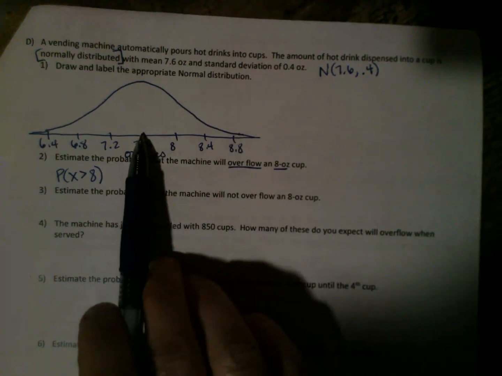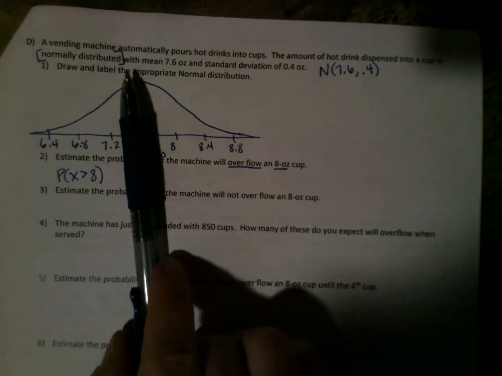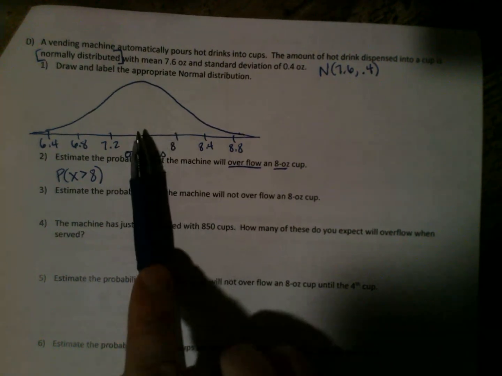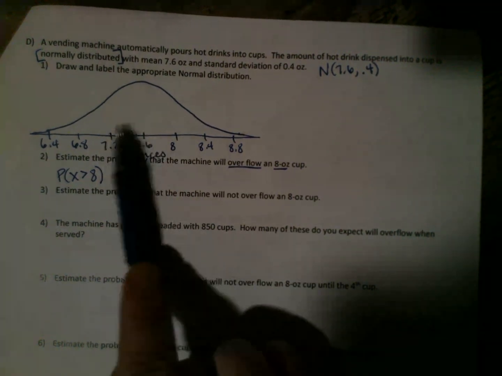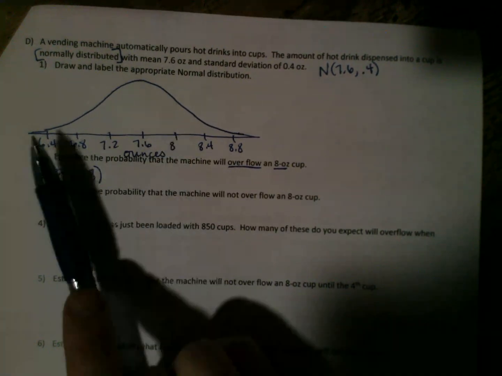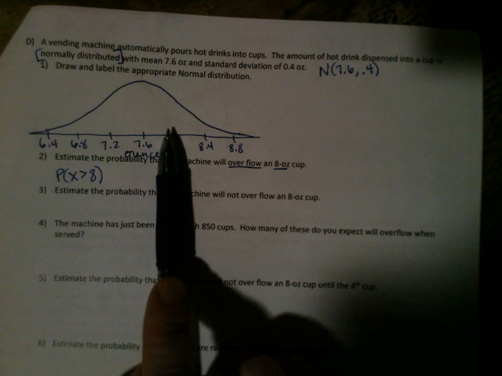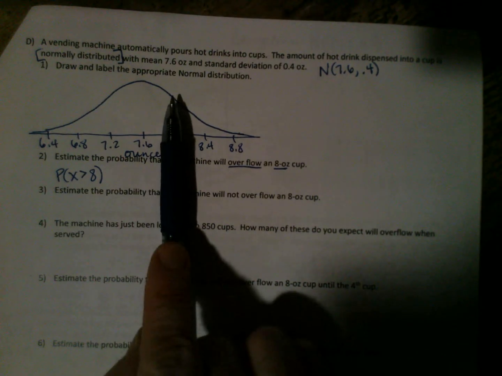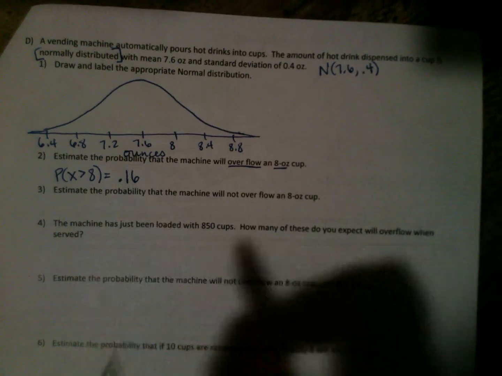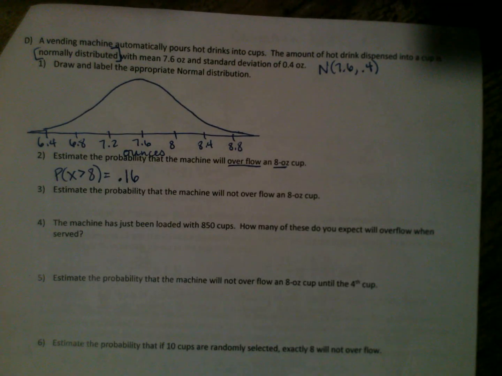So I'm going to remember that, of course, the middle is 50%, and the next section is 34 on either side. Okay, so I know that I have 50% and 34, which is 84%. So above 8 ounces would be the opposite of that, which is 16%. I'm going to write that as 0.16 because it asks for probability. Typically, that is answered as a decimal.